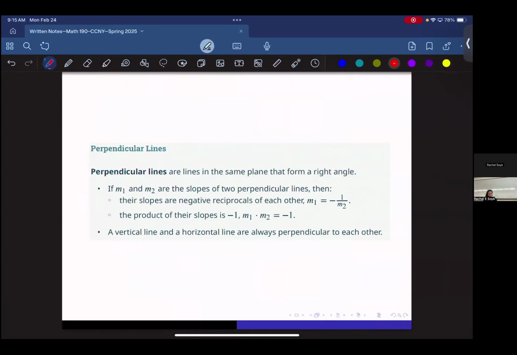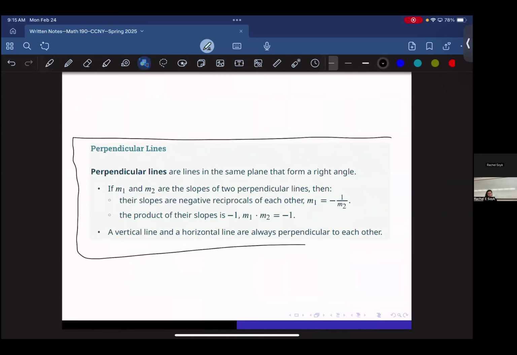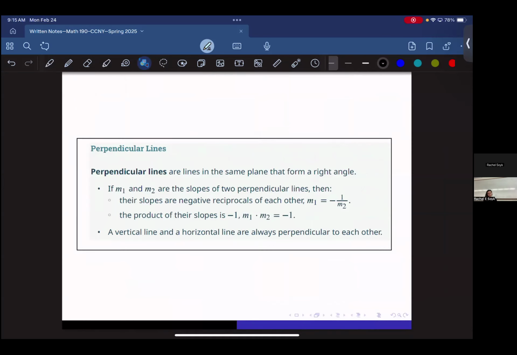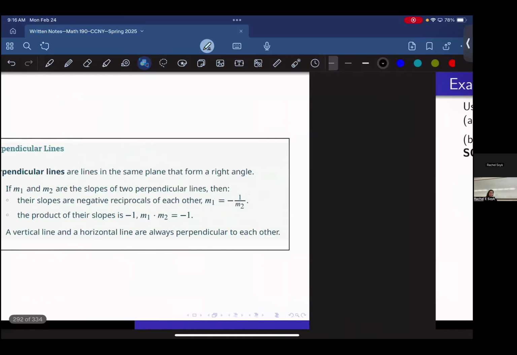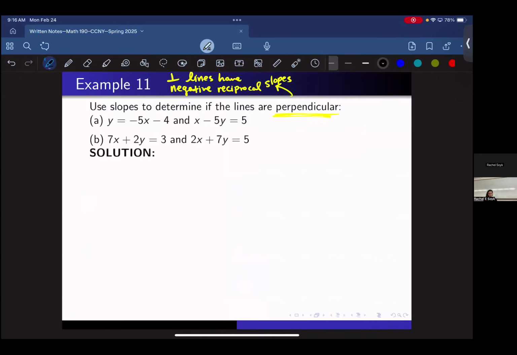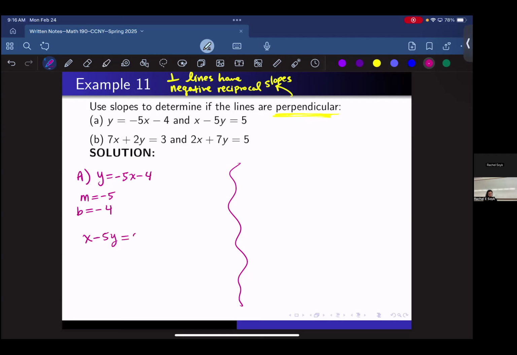And our last definition for today are our perpendicular lines, how they have negative reciprocal slopes. The y-intercepts can be the same in this case. So let's look at our last example for the day. We want to figure out, are these lines perpendicular? -5x minus 4 gives us a slope of -5 and a y-intercept of -4 versus x minus 5y equals 5.